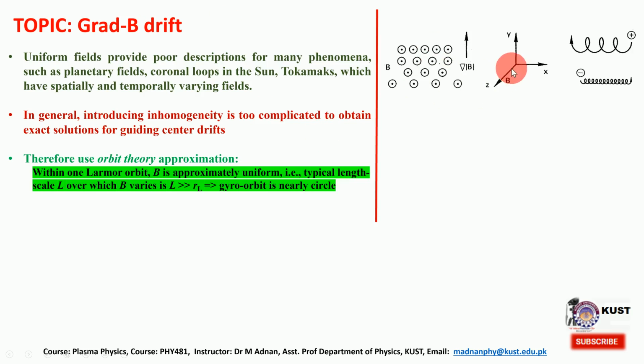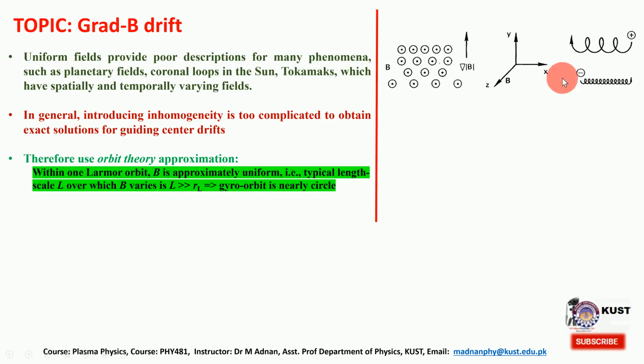For example, the magnetic field is applied along the z-axis, but the field lines have a gradient along the y direction. Again, we are assuming that the field lines are straight and uniform, but there is a gradient: as the charged particle moves up, that is along y, it will experience a stronger field compared to when it is moving down.